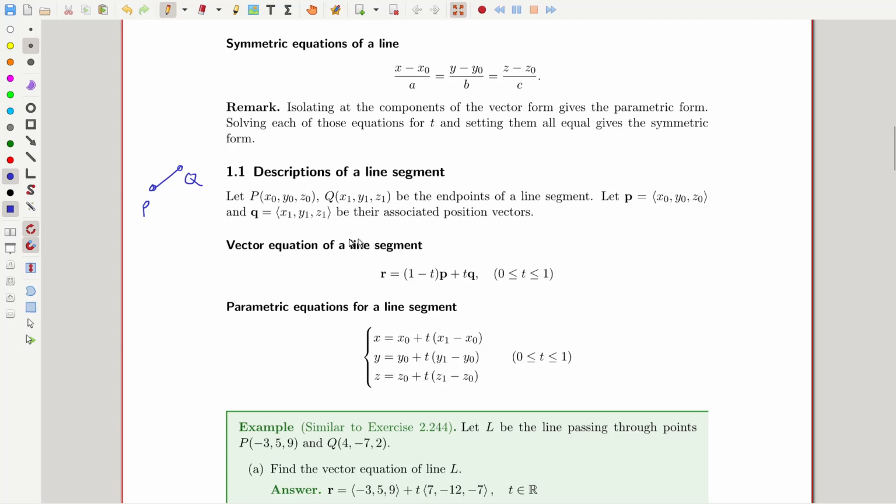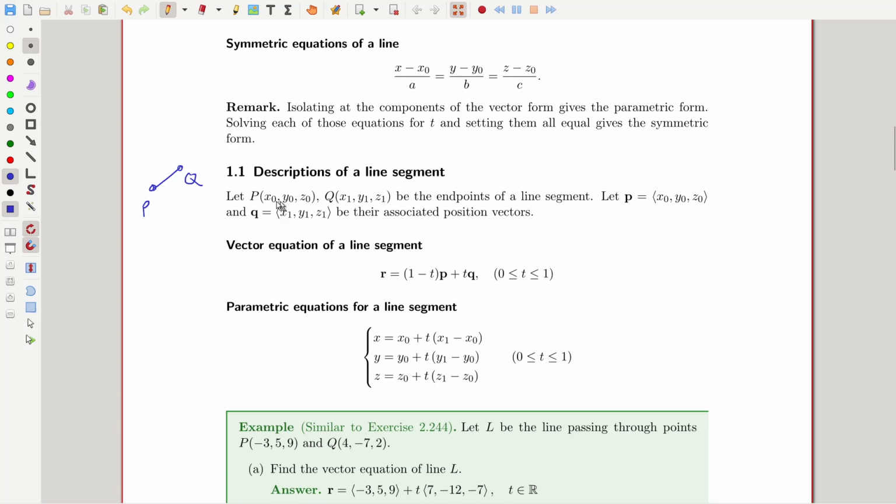I'm beginning to conflate points and vectors, which is a very standard thing to do, although I try to discourage that and try to be precise. But it's useful to note that to any point in space, we're associating the vector whose initial point starts at the origin and whose terminal point is the coordinate that we're talking about.